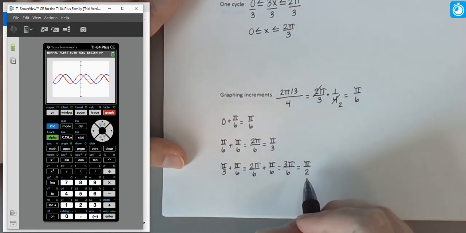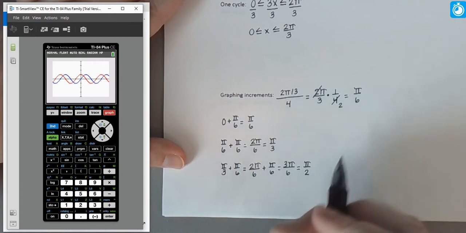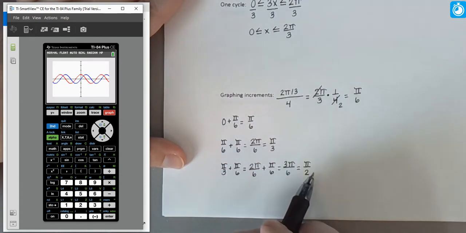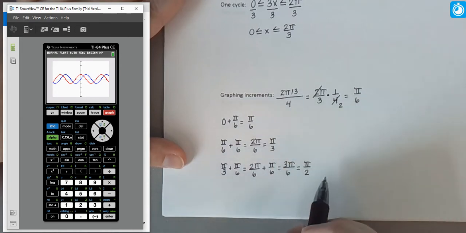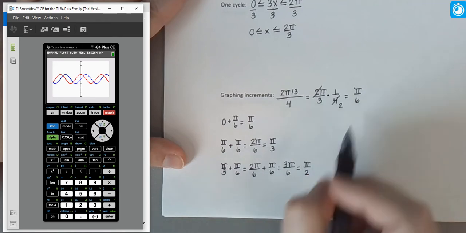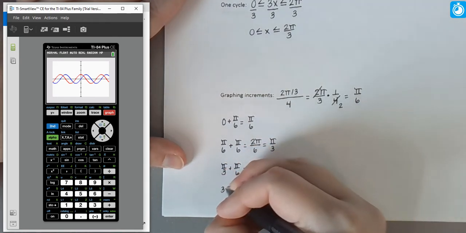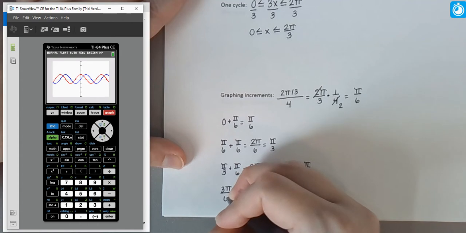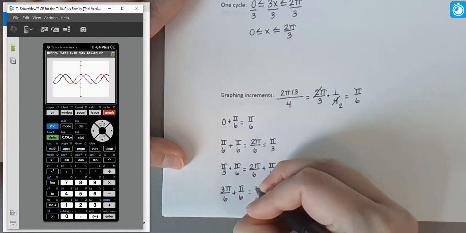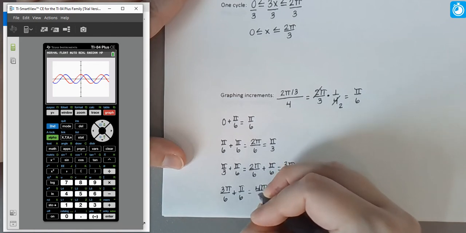And then from pi over 2, we're adding on an additional pi over 6. So this will be the first tick mark, second, third, and then add on an additional 1, it'll take you to the last one. So rather than writing it as pi over 2, let's write it as the one that already has the matching denominator. Let's write it as that version. So 3 pi over 6, and we're adding on one additional increment, which is going to take us to 4 pi over 6.